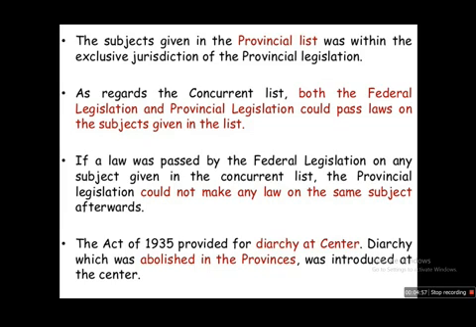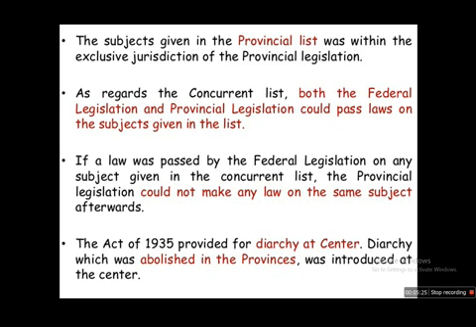As regards the concurrent list, both the federal legislature and provincial legislature could pass laws on the subjects given in the list. If a law was passed by the federal legislature on any subject given in the concurrent list, the provincial legislature could not make any law on the same subject afterwards.